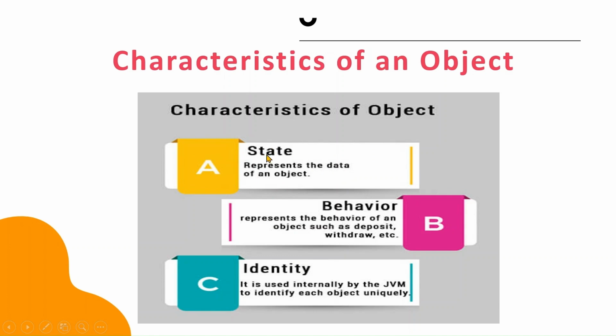This is nothing but instance variables, which can be accessed through the object. The behavior represents the behavior of an object such as deposit, withdrawal, etc. These are nothing but functions, or we call them methods of a class, which the object can access. Now every object needs to have its name. That's called identity. It is used internally by the Java virtual machine to identify each object uniquely.